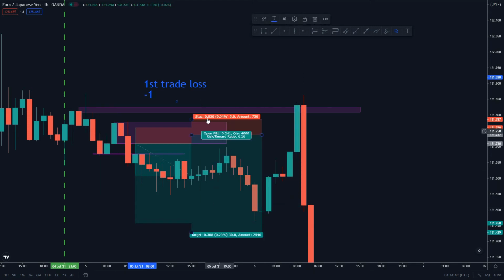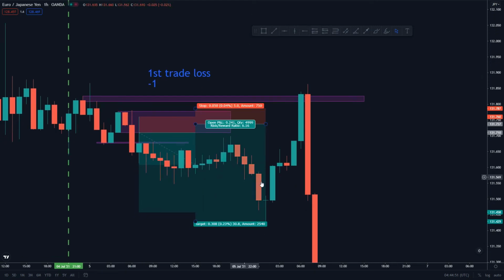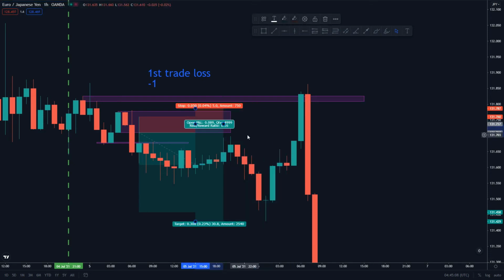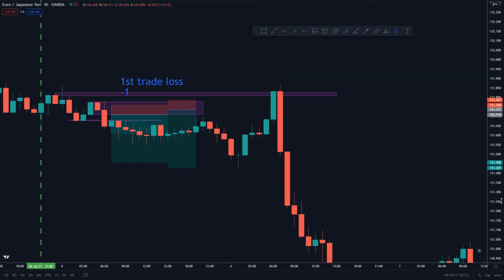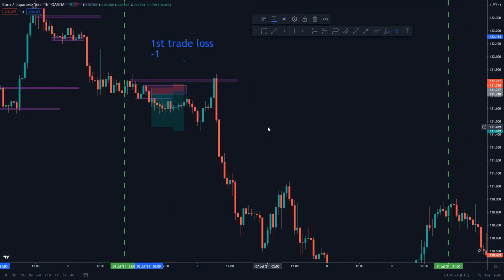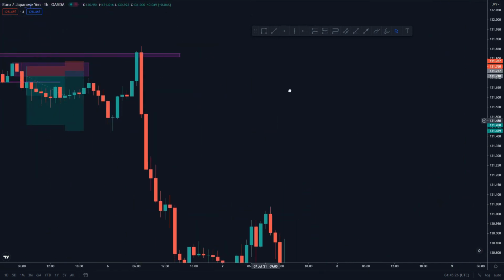Okay, this one was minus 1%, but as you can see guys, the market moved to our like 5% gain, right? Then it came and broke the structure and everything and stopped us out. Okay, that's fine. Let's move on to the other setup. If you're going to find any setup, pretty interesting situation here.